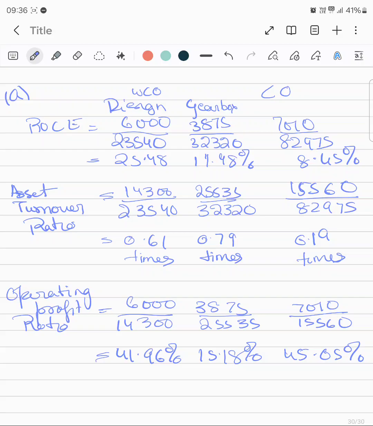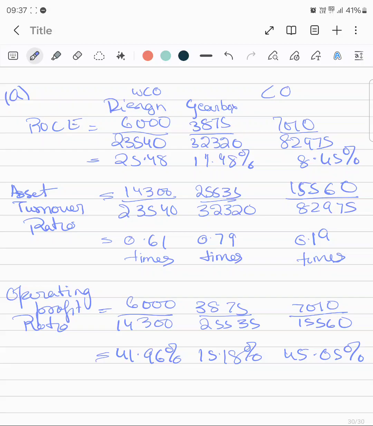This is because the nature of the design business is such that profit is largely derived from people making the design rather than from the assets. So certain assets will obviously be necessary in order to produce the design, but it is the employees who are mostly responsible for generating the profit.